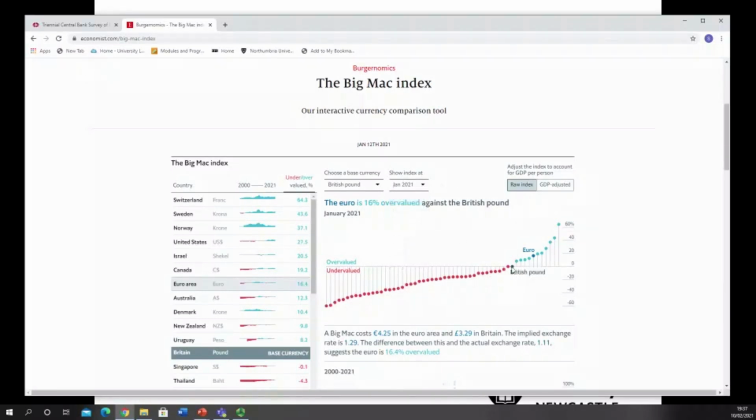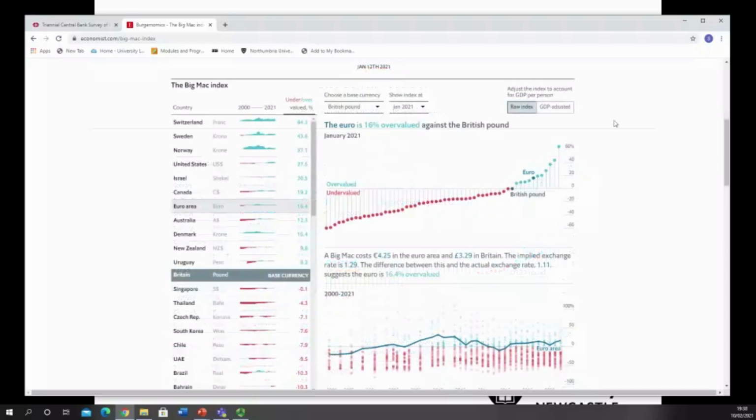And then you can look at the pound versus other currencies to see which currencies are severely undervalued compared to PPP relative to the pound, and which currencies are potentially very overvalued. So do explore this in your own time to get a better understanding of PPP theory and how the Big Mac Index works.